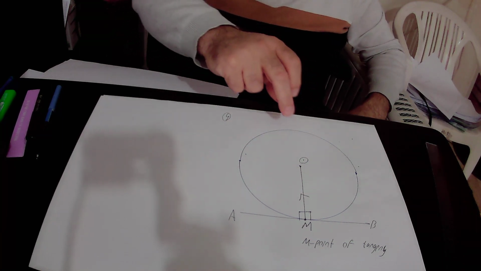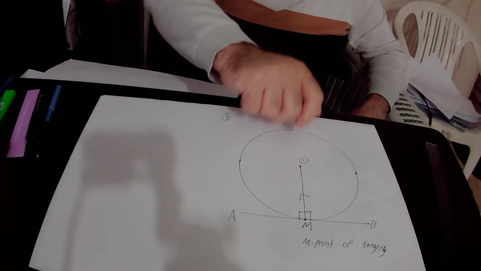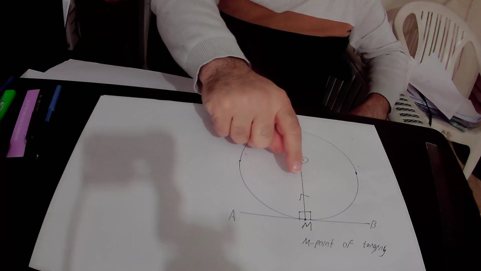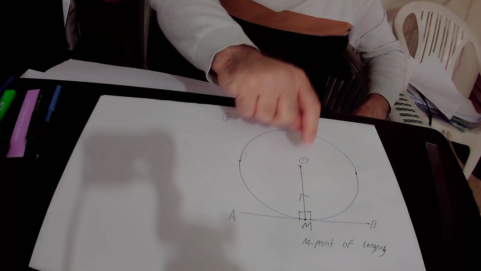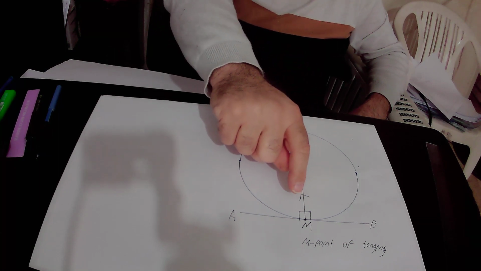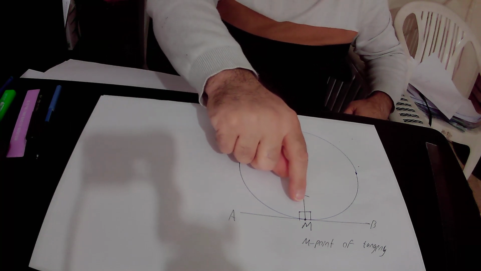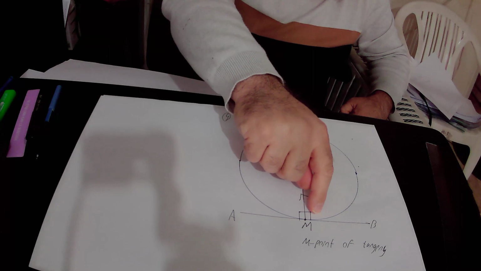And we also have this radius OM drawn to the point of tangency. Therefore, according to rule number 2, the tangent AB will be perpendicular to this radius, that is to say this angle will be equal to 90 degrees and this angle also will be equal to 90 degrees.